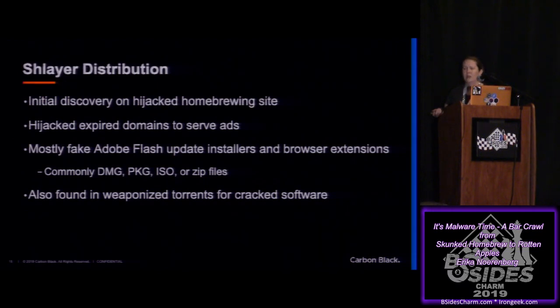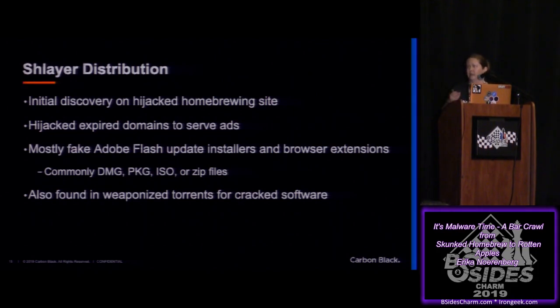But they had actually started putting captchas in. So it was like, you have to click, am I human? That kind of thing. And they started moving the payloads around. So the Selenium script wasn't working to download the payloads anymore, unfortunately. So again, the distribution, we found it on this homebrewing site, but there were tons of hijacked domains that they were using to serve out these ads.